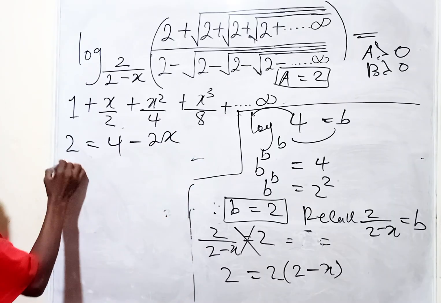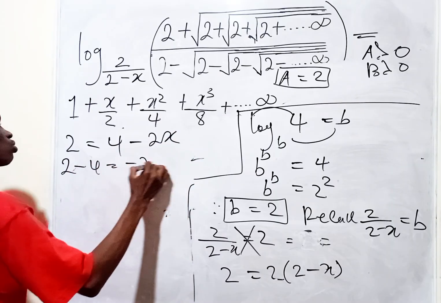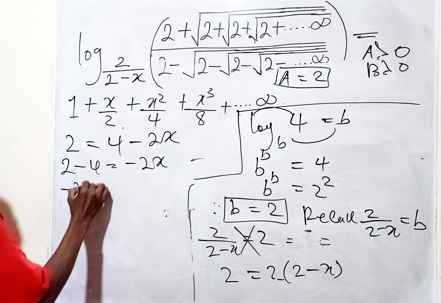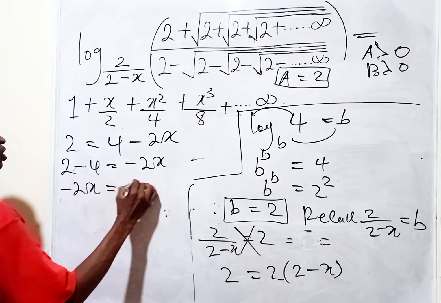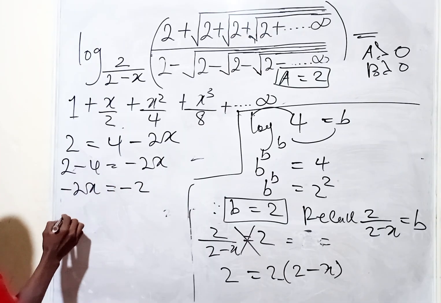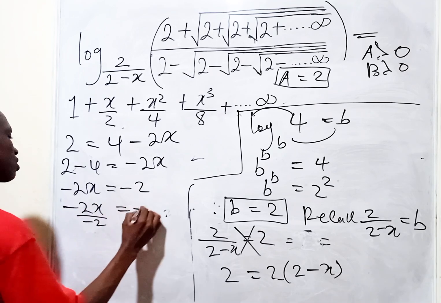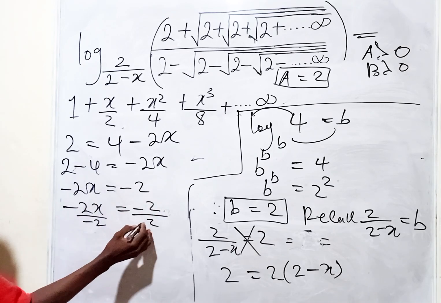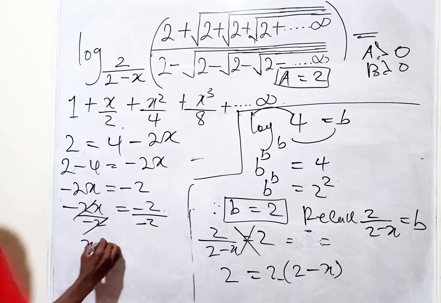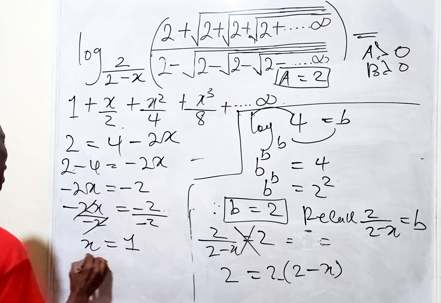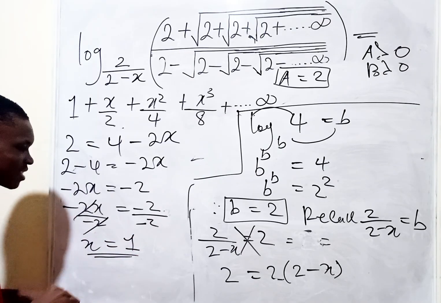So from here we take like terms: 2 minus 4 equals minus 2x. So minus 2x equals 2 minus 4, which gives us negative 2. So divide both sides by negative 2 to find x. So this can cancel this, and x equals what? 1. And this is the right answer.